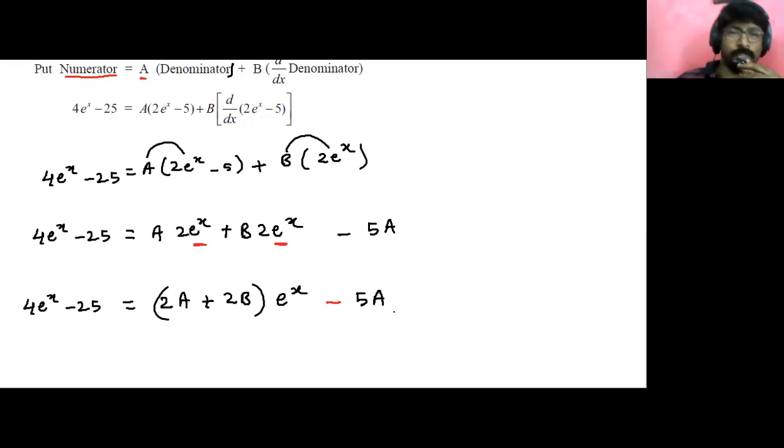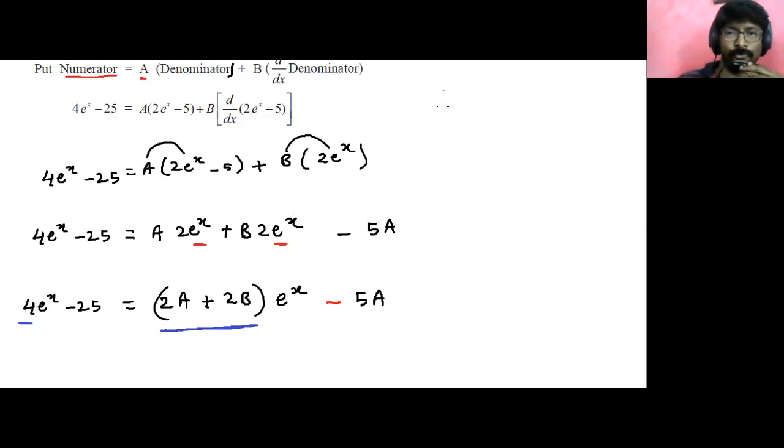Okay. Now, students, look at this. Now, if we compare, what do we have to compare? The left hand side and the right hand side, the coefficient of e power x. What is the coefficient of e power x on the left and the right? Yes, perfect.